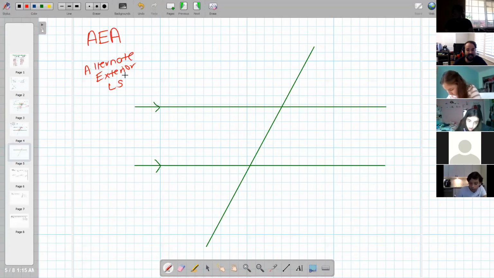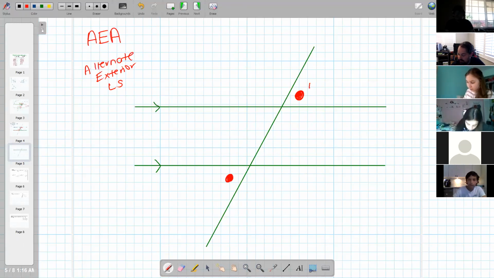These are going to be outside of the parallel lines. So for example, this angle right here that I just colored in with a red dot, its alternate exterior angle is going to be an angle that's on the other side of the transversal and outside, and that's going to be down here. Those are alternate exterior angles.